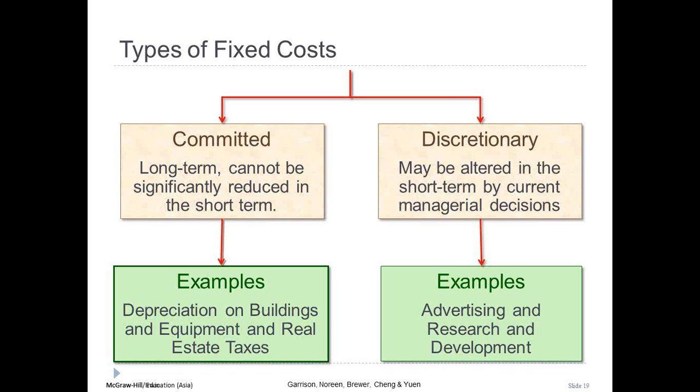The examples tend to be advertising and research and development. We can immediately increase or immediately decrease advertising. Likewise with R&D, we could abruptly stop it. We could alternatively significantly increase it. So if it's discretionary, then we can change it.